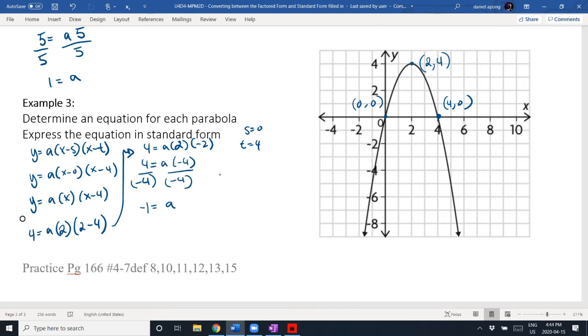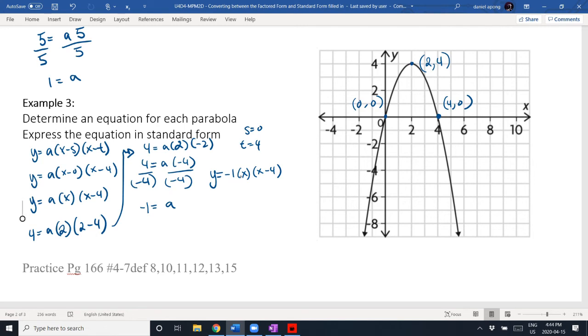Now rewriting our equation, we would have this in standard form. Y is equal to negative 1, bracket x, bracket x minus 4. And now we can expand that.